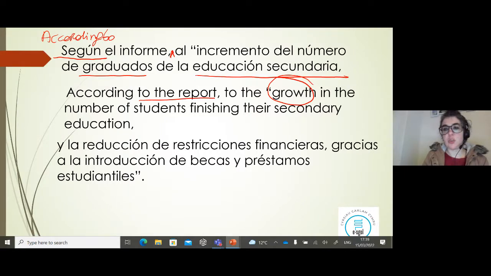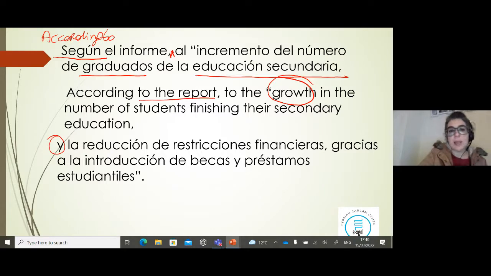Y la reducción de restricciones financieras gracias a la introducción de becas y préstamos estudiantiles. So that's the second part of the same paragraph. So according to the report, to the growth in the number of students finishing the secondary education, and what else?